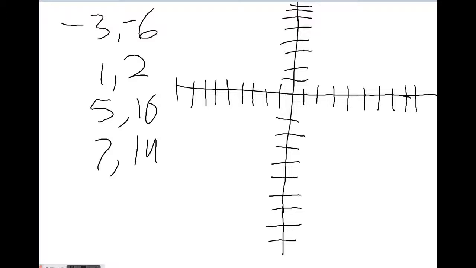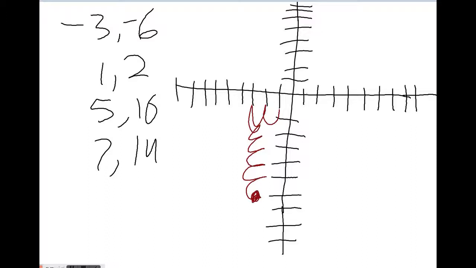We start at 0 here. Our negative x will be -1, -2, -3, and then for -6 we go down 1, 2, 3, 4, 5, 6. Alright, so that is (-3, -6).